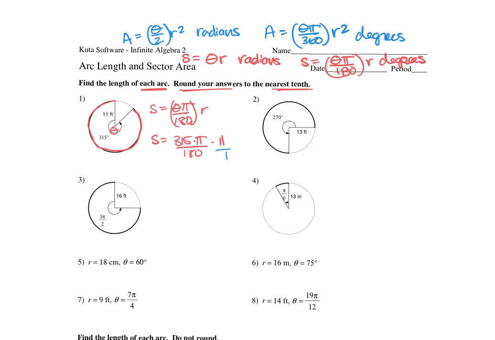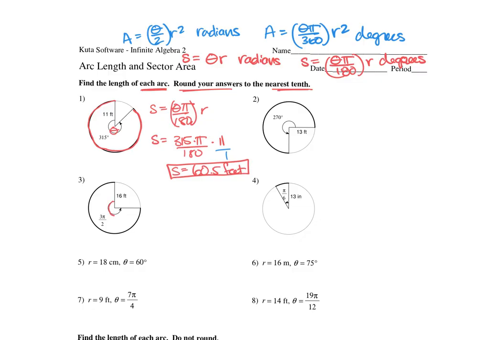So you and I are going to do 315 times pi times 11 divided by 180. If you put that in your calculator correctly, you should get 60.5 feet. Not squared because this is just a length. It's just one-dimensional.